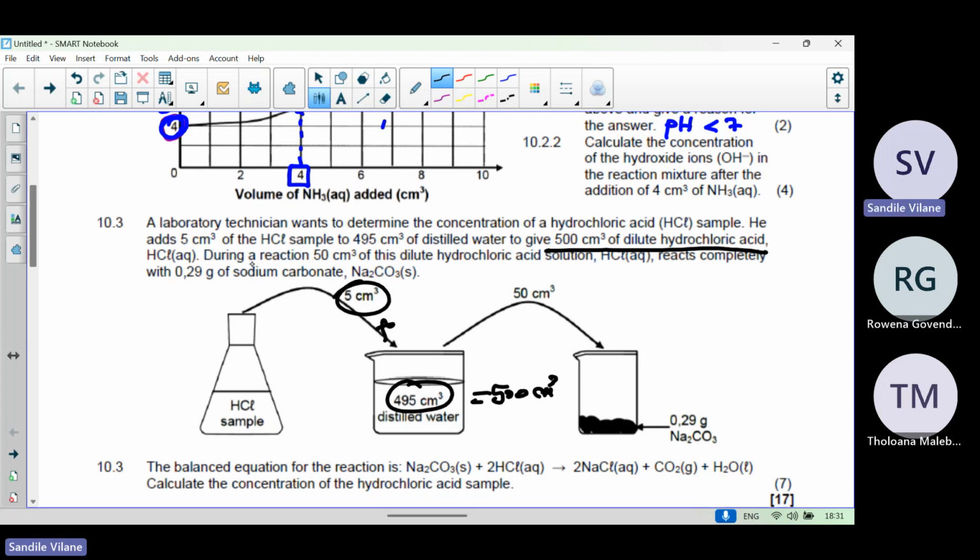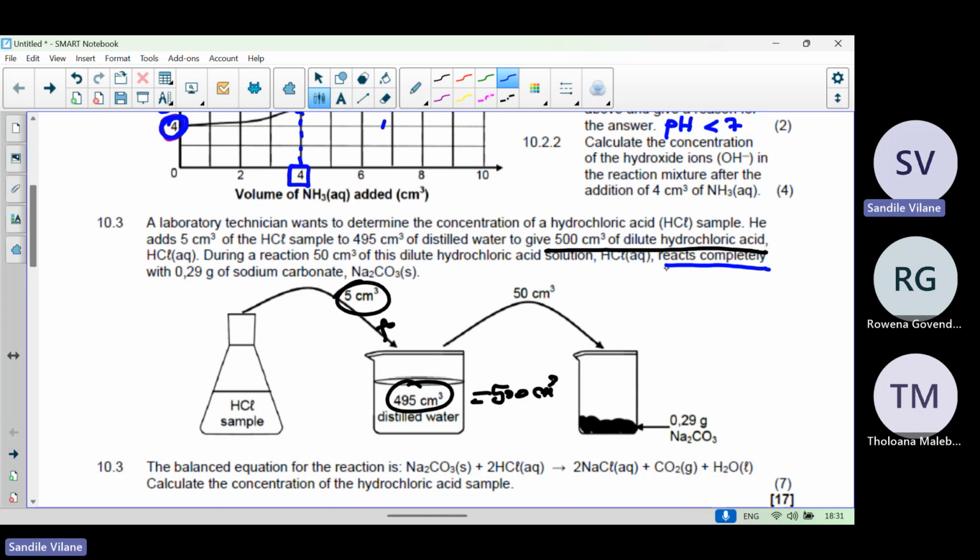Then, during the reaction, you take from this container and you only use 50 cubic centimeters of that acid. And then it reacts completely with 0.29. Listen to what they're saying. It reacts completely, meaning there won't be a limiting reagent, there won't be an excess reagent.